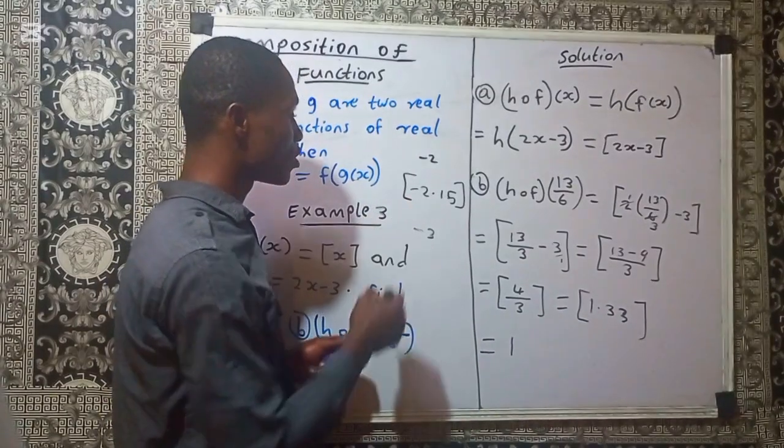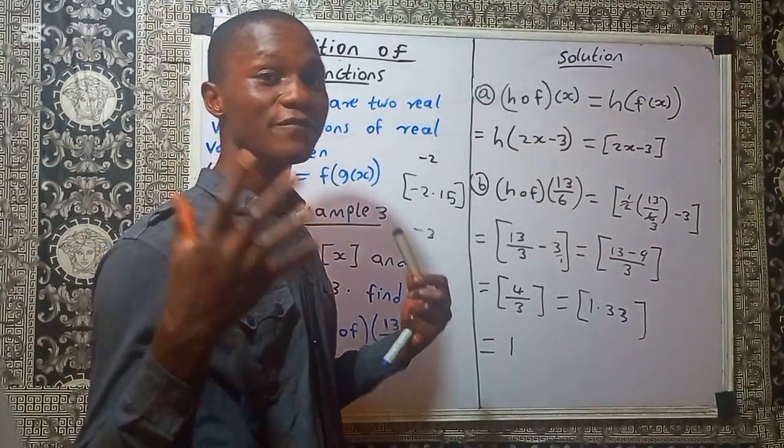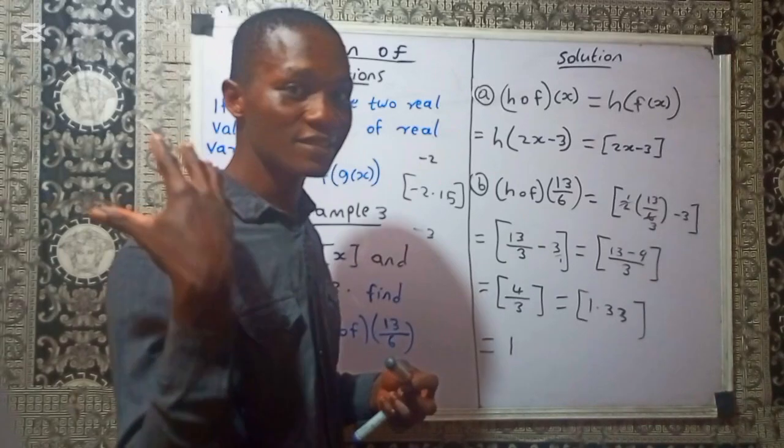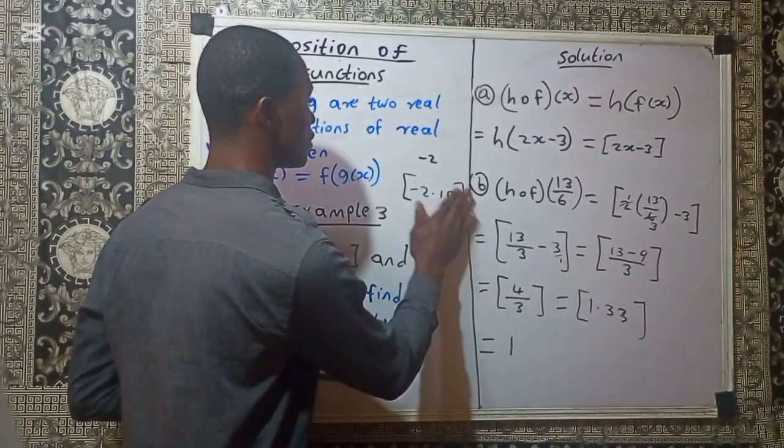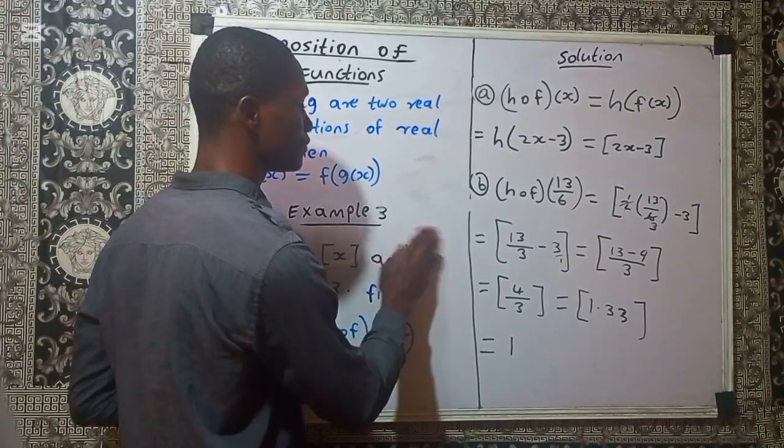That's the result of this. But if it is a whole number, the greatest integer of any whole number is that whole number. So that's all about the greatest integer function.